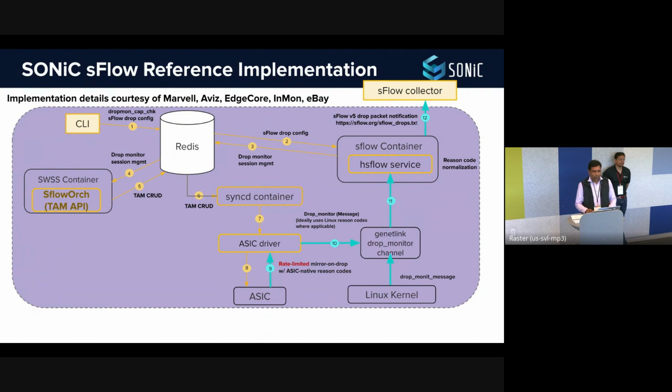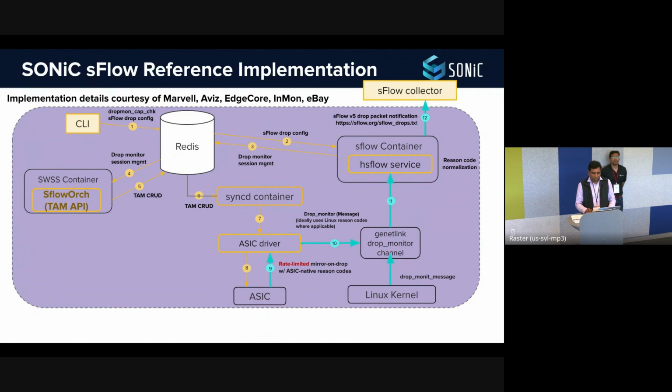We leverage the Linux native drop monitor infrastructure. So you can see the lines depicted here, which means you get both ASIC as well as kernel drops homogeneously and it reports them. So that as a network operator, you have unified visibility into both your ASIC endpoints as well as Linux endpoints.